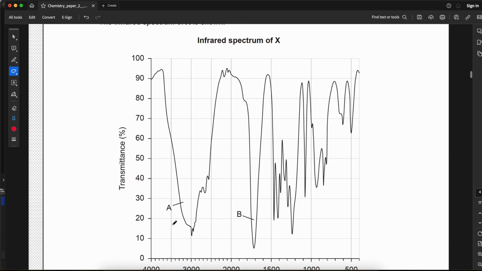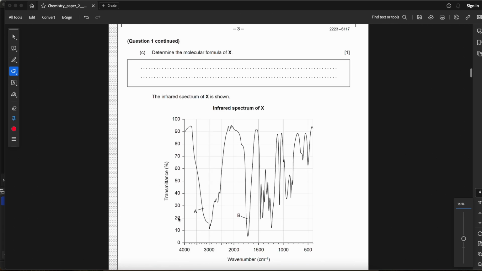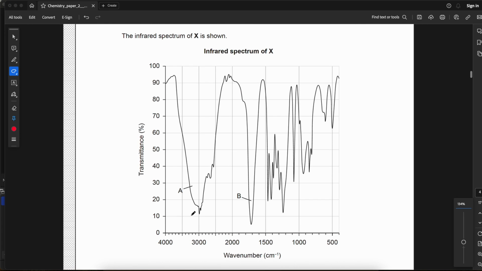So this is the infrared spectrum. As you can see, the peaks are at 3000 and at 1700 something. So this will be O-H if you refer to the data booklet, and this will be C double bond O. How do I know it is OH?